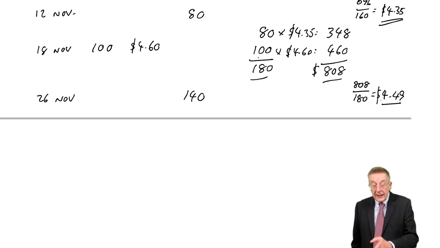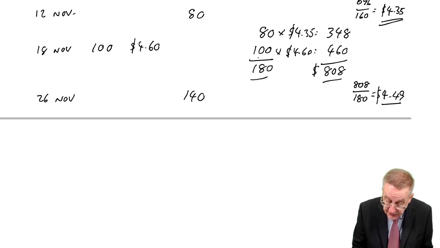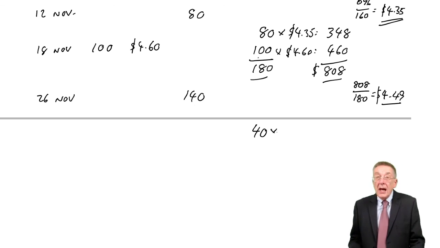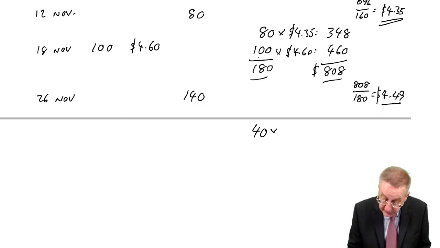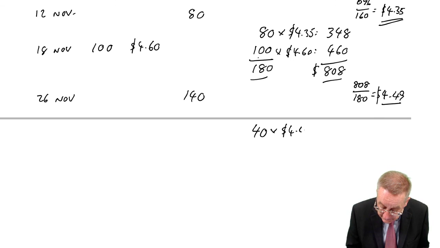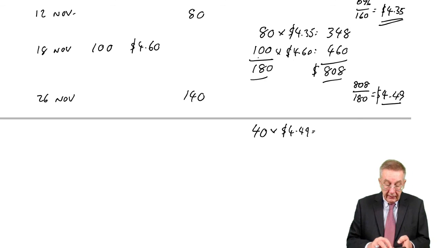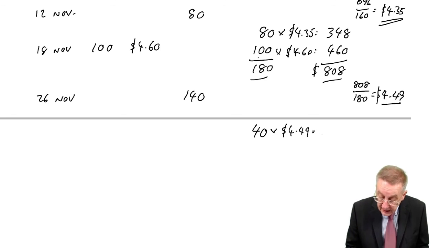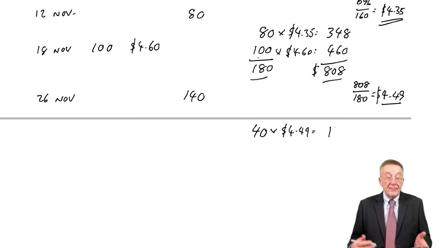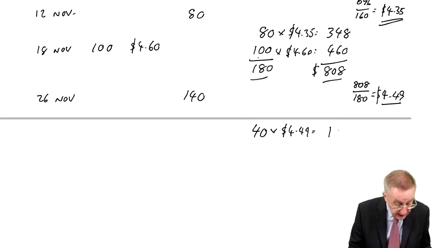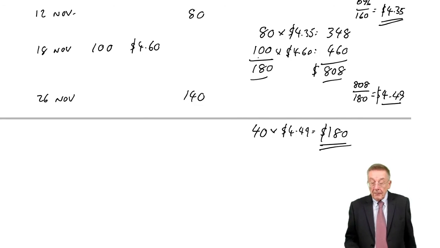So the 180 we had at that stage are $4.49 a unit. We sell 140, so we've 40 left, and they'll be valued at the average of $4.49. 40 times $4.49 is, excuse me, I'll round it to the nearest dollar, 180.